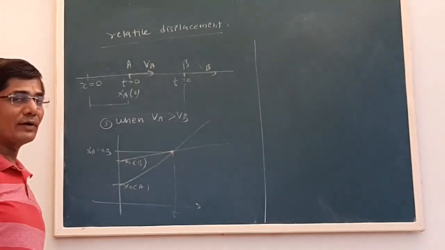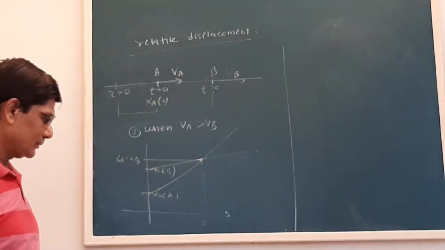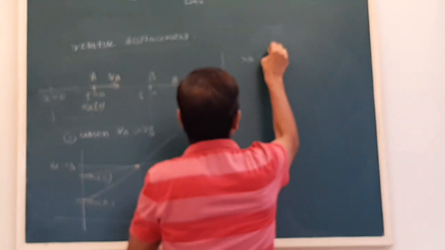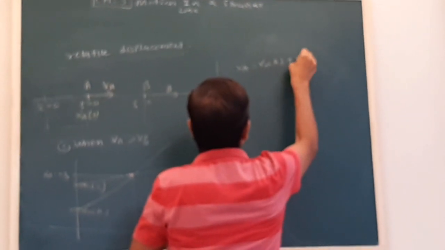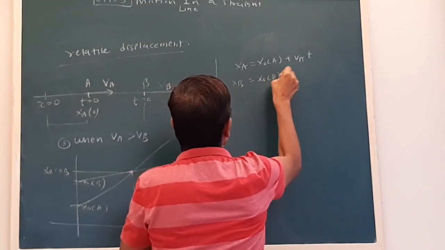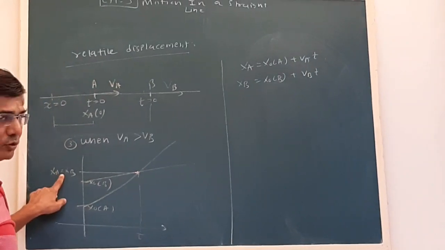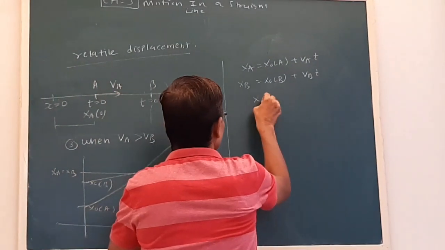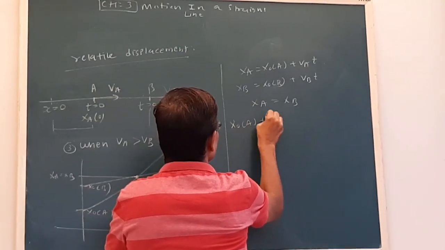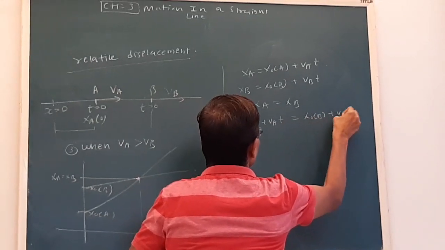Now we have to find out at what time they meet and how much distance is covered. Just now we have written the equation XA is equal to x0A plus VA into T, and XB is x0B plus VB into T. But we have seen that at meeting the position is the same, so XA is equal to XB. That is x0A plus VAT equals x0B plus VBT.